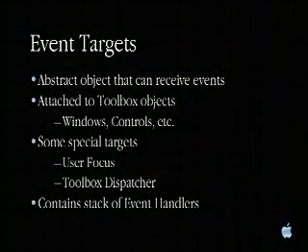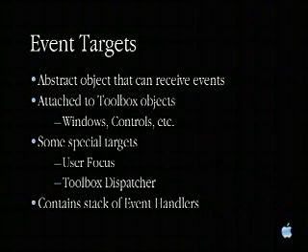So while we're in run application event loop or inside wait next event, we end up dispatching events. And where they go is event targets. And we saw a picture of one. Each target can have a stack of handlers inside it. And they're typically attached to toolbox objects like menus, windows, controls. We also have some special targets. One of them is called user-focused target.